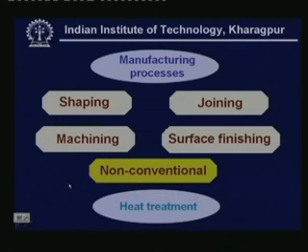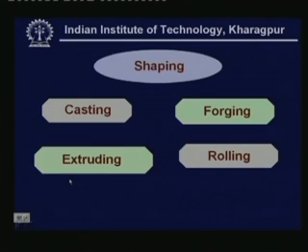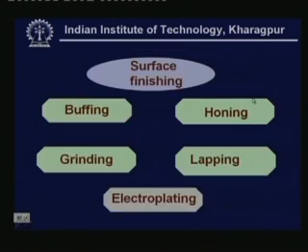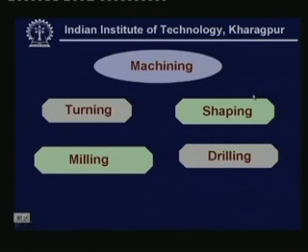Now, here, once you know this one, we just look into the shaping. What are the shaping processes? The shaping processes consist of, say, casting, forging, extruding, rolling. Casting, you know, means you pour molten metal into a mold and that gives you the shape of the machine element. Forging, in the same way, could be cold forging or hot forging. You can make the material hot or maybe cold also, and then you put it into a shape by hammering in a machined way.